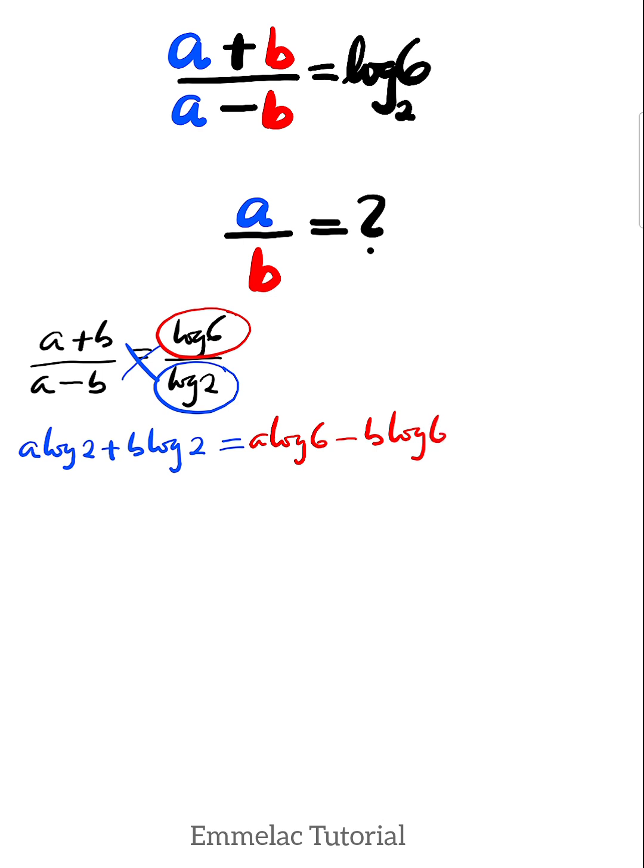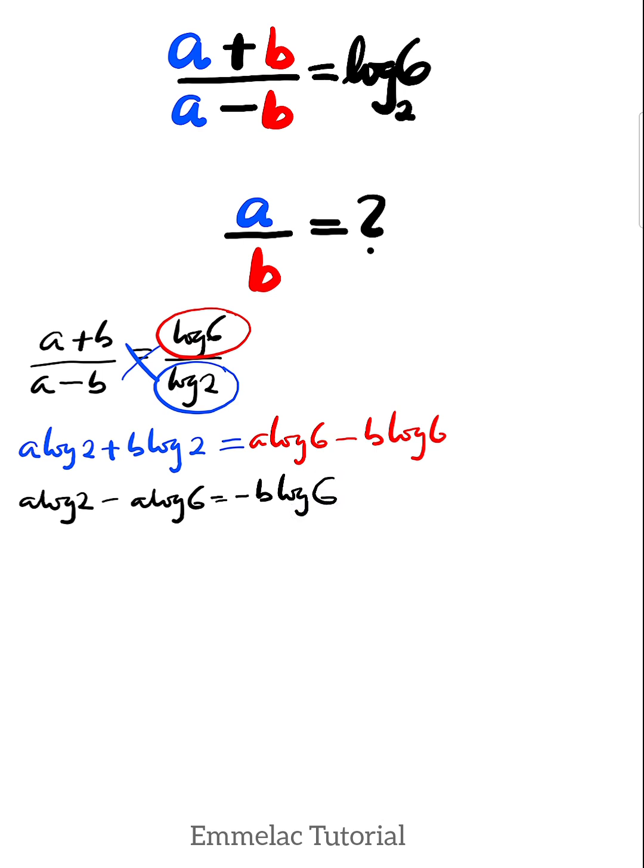Now the next thing we need to do is to collect like terms in terms of a and b. So now we have a log 2, then minus a log 6 on the left, then equals negative b log 6 on the right hand side.